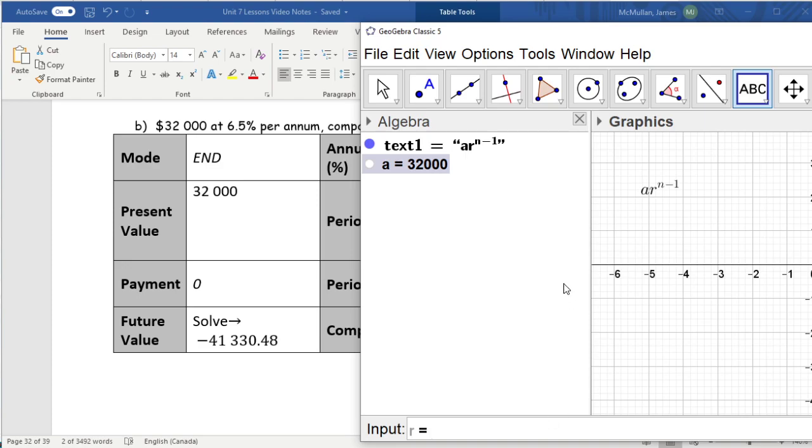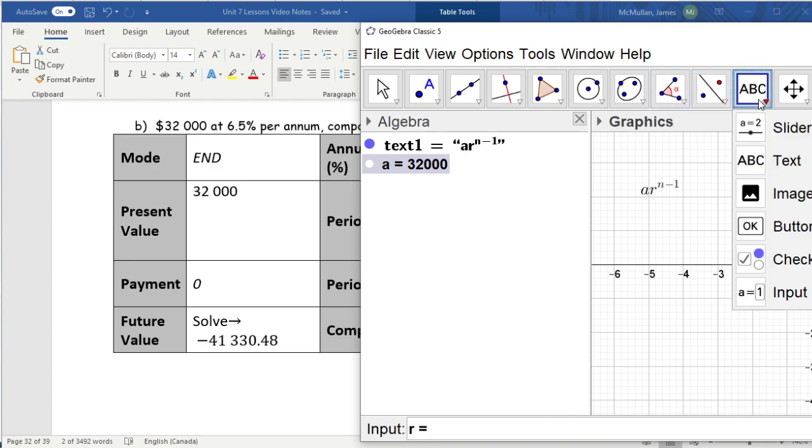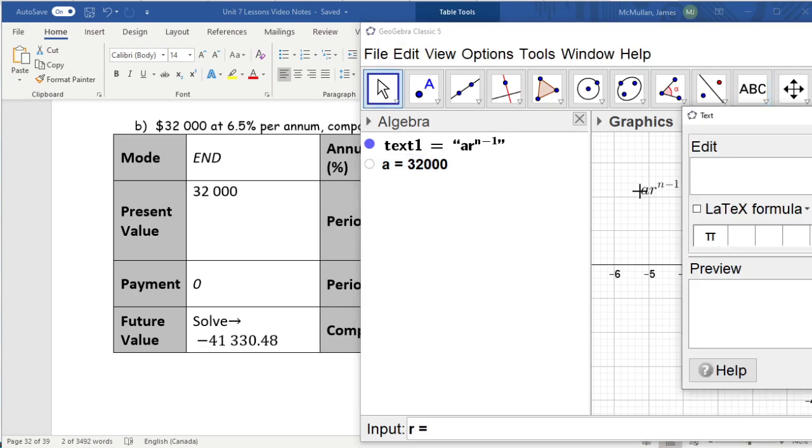Now here's where it gets a little bit tricky. When you're doing financial math, the formula should be a little bit expanded. You have seen this before when we were doing exponential growth.